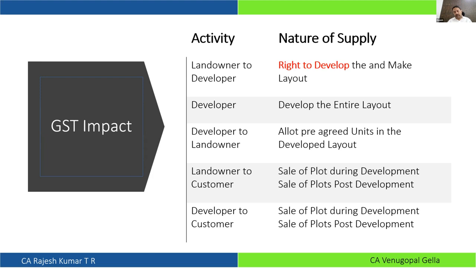However, the lawmakers are envisaging one type of supply between the landowner and the developer. I repeat, there is a supply from the landowner to the developer. What is the nature of that supply, or what is getting transferred? It is a right of development of the land into sites or plots.